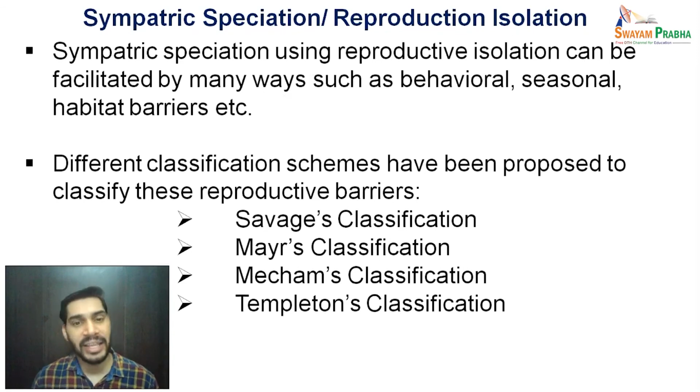Different classification schemes have been proposed by a number of evolutionary biologists which classify all these reproductive barriers, and these biologists have used different bases of classification. Four major classification systems which we can refer to are Savage's classification, Myers' classification, Mams' classification, and lastly Templeton's classification.